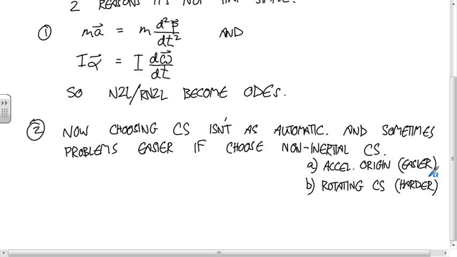Because of that, we're going to break this class pretty much into problems where the coordinate axes are not rotating, and then problems where the coordinate axes are rotating. We'll revisit this when it's time to do problems with rotating coordinate systems. But right at the beginning, I want to give you a first glance at why this causes a problem.